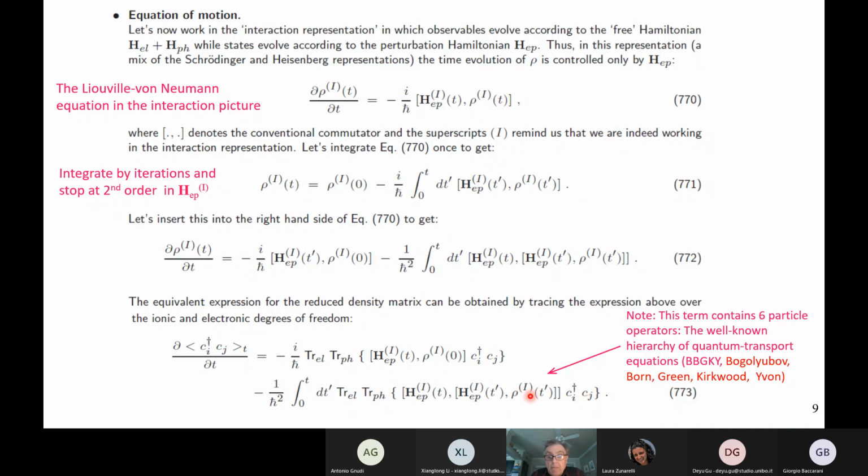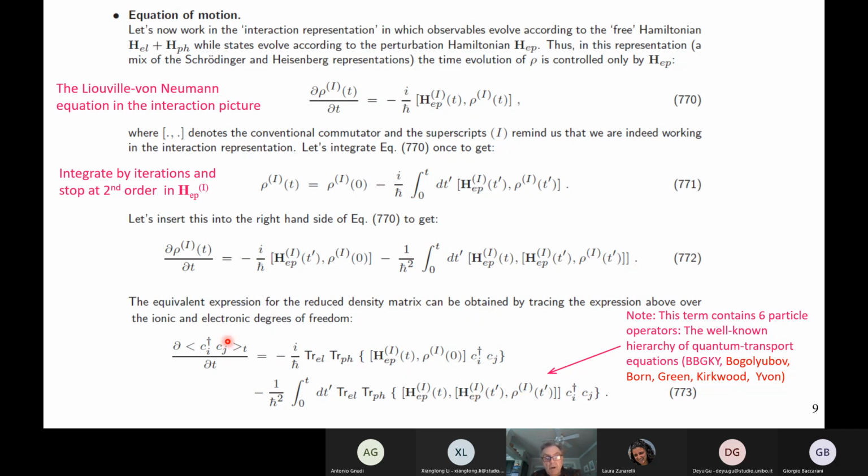In this row, we have another pair, because this contains again a term of C dagger C, and here we have a C dagger C in each term. So this will be a 6 or an 8 particle operator. We'll see that we'll reduce it to a 6 particle operator later on.